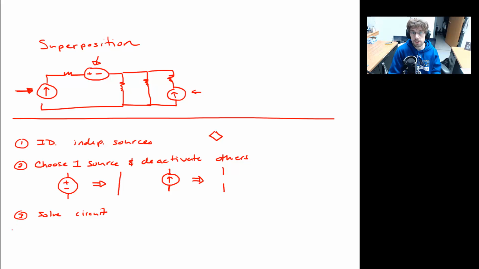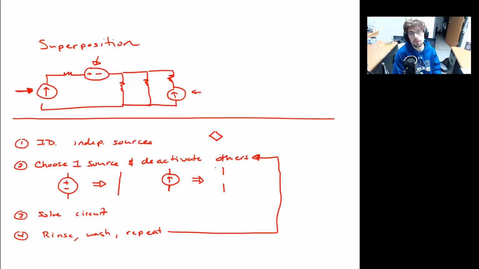And then, of course, number 4, rinse, wash, and repeat. In other words, you have to do this not for this single source, but if you want to do it for the entire circuit response, you have to do it for every single source in your circuit.